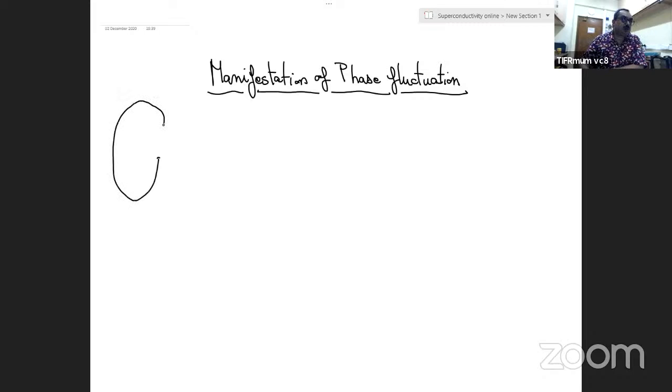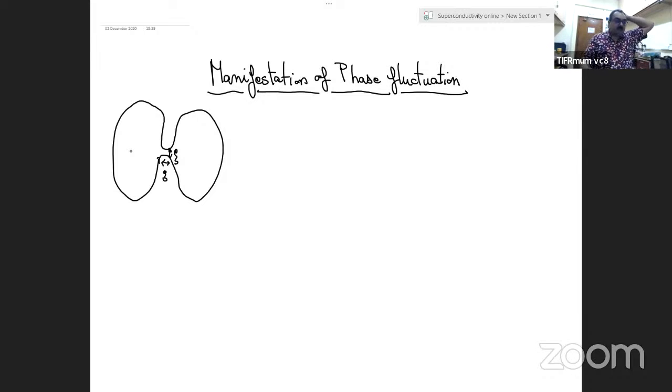So in this toy model, we will assume two small superconducting islands connected by a weak link, and this weak link has all dimensions of the order of xi. The only thing that we will assume is that this object is small. What do I mean by small?